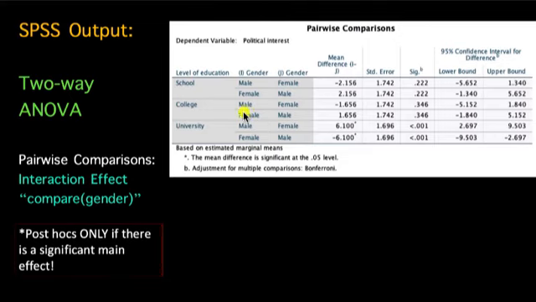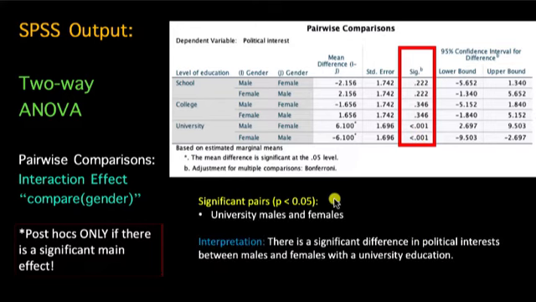And similar to our other pairwise comparisons table, we have a sig column with our p-values. And we can note that the significant pairs are between males and females in the university level of education.